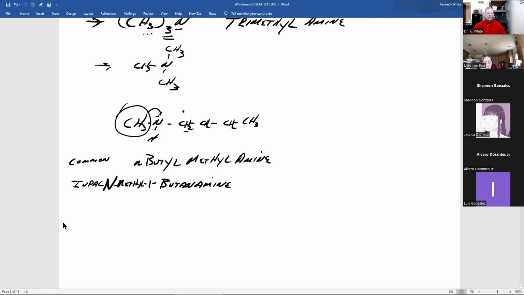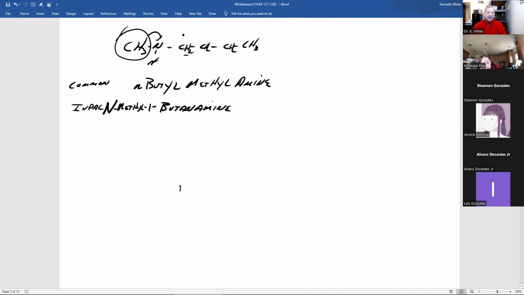So it's N-methyl 1-butanamine. Which is easier, N-butyl methylamine or the IUPAC? And the answer is, for me, common. So I will never ask on a test or the final for IUPAC nomenclature for amines.